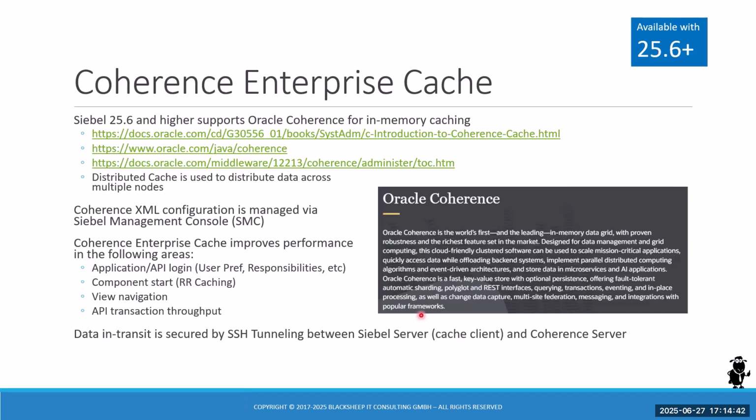So I was confused about the node thing. Do I have to create a separate server, or can I put it on the same server as the Gateway? The architecture is such that you have to have at least one Coherence node. Oracle recommends three for high availability, and they should naturally be on different machines.